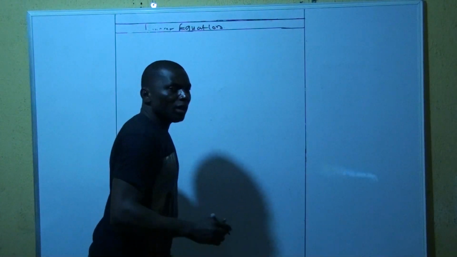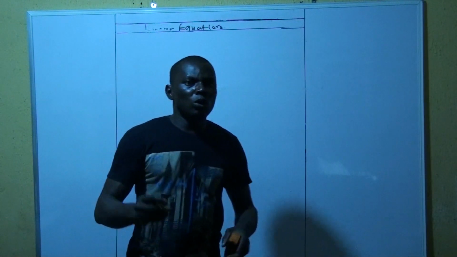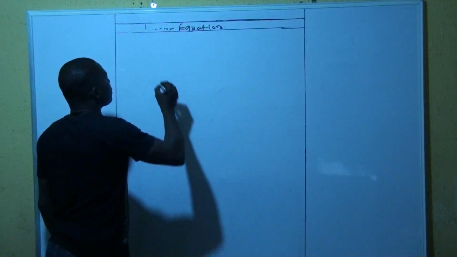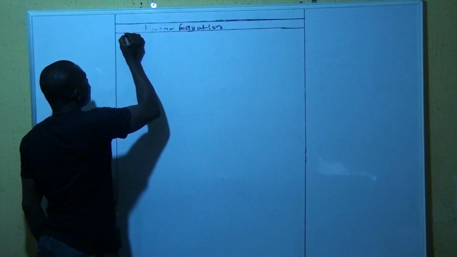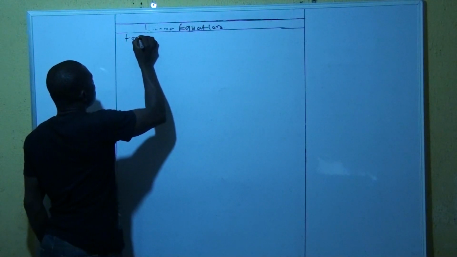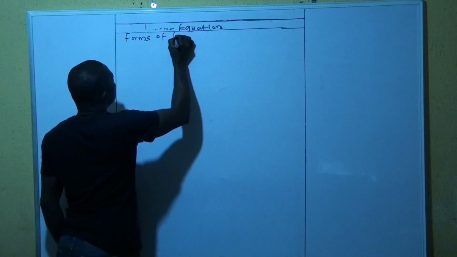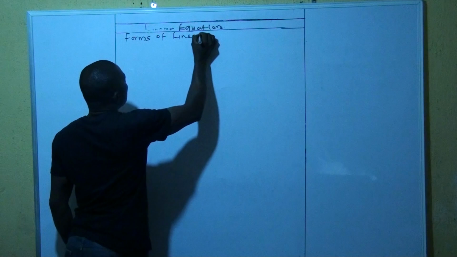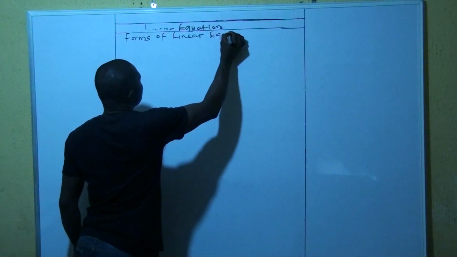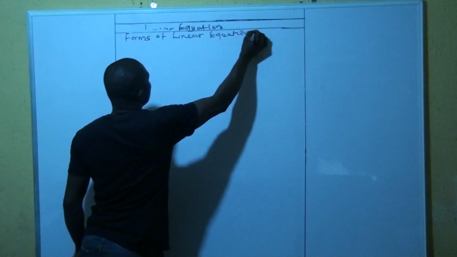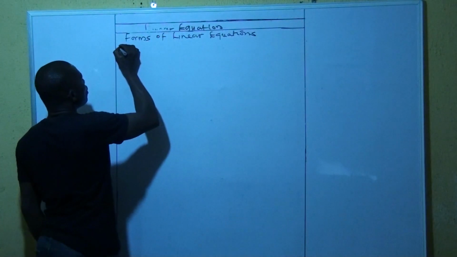Okay. Now let's quickly look at different forms of linear equations, or simple equations. So we have different forms.